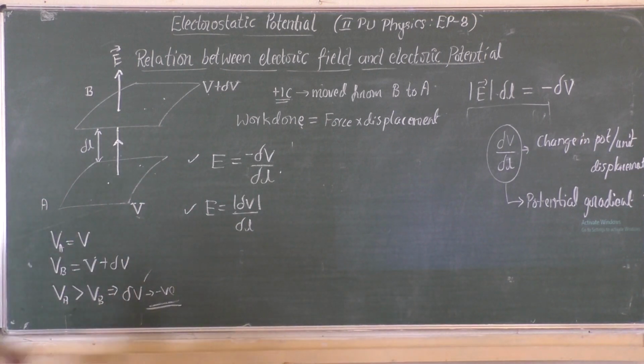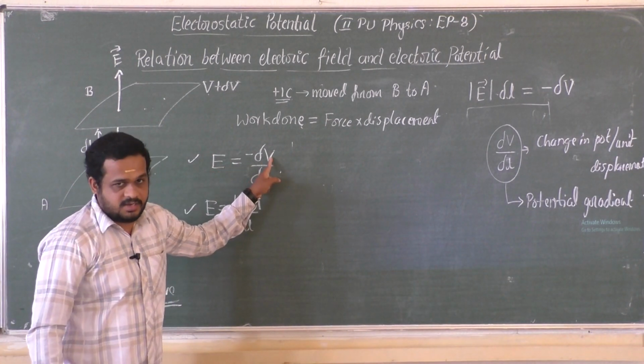Now see, E is equal to negative of potential gradient.